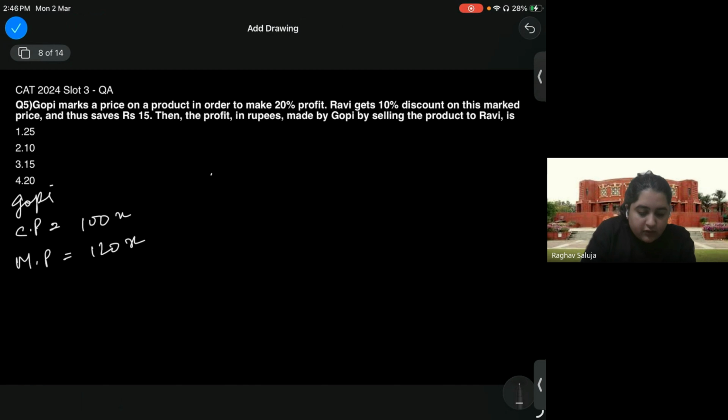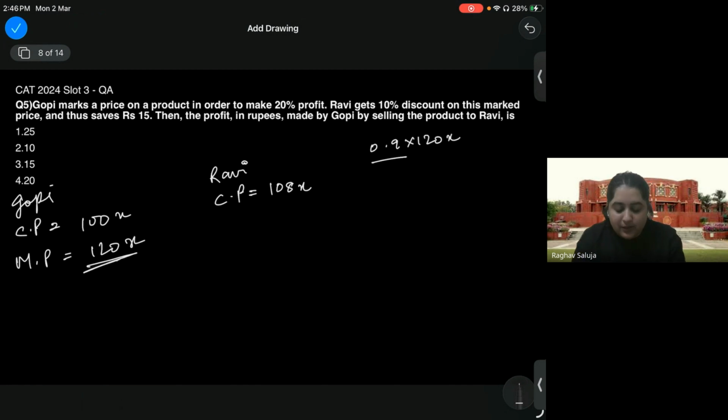So for Ravi, he bought this product at 10% discount on marked price. So for him, the cost price of this product is 120x minus 12x, because 10% is 12x. So cost price for him is 108x, or we can just write 0.9 into 120x, because that will be our multiplying factor. So cost price is equal to 108x for Ravi.